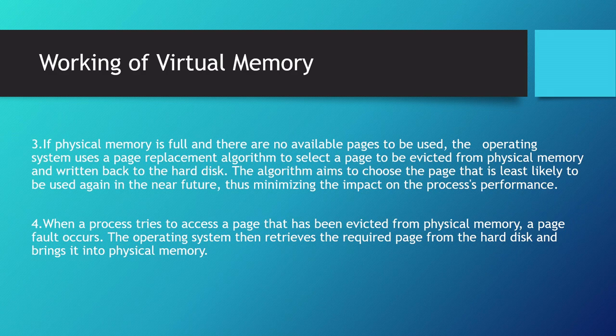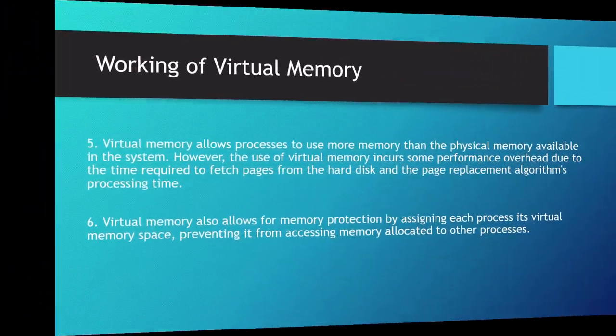The algorithm aims to choose the page that is least likely to be used again in the near future, thus minimizing the impact on the process's performance. When a process tries to access a page that has been evicted from the physical memory, a page fault occurs. The operating system then retrieves the required page from the hard disk and brings it to the physical memory.